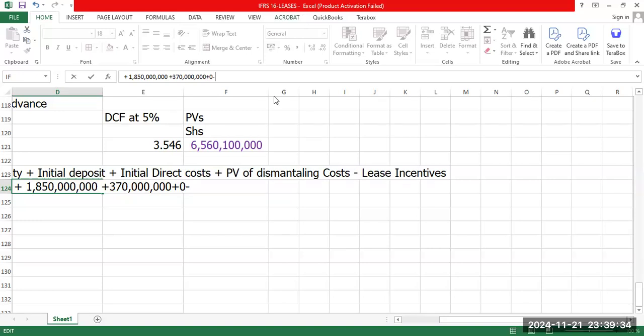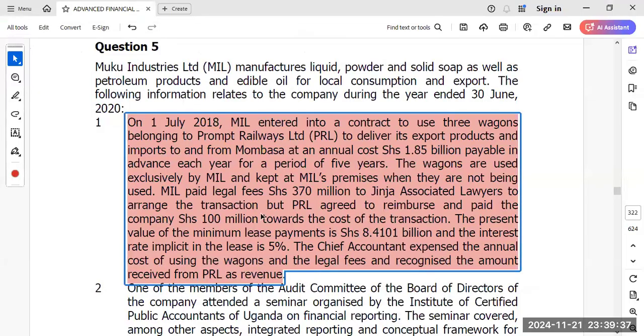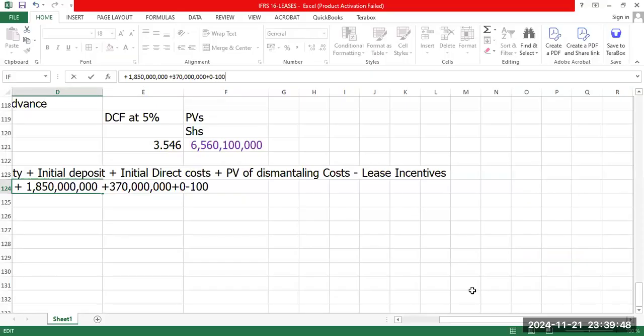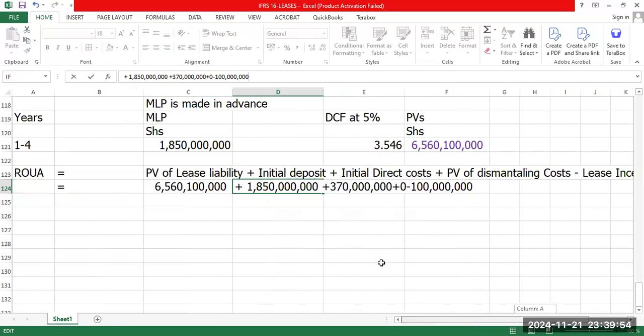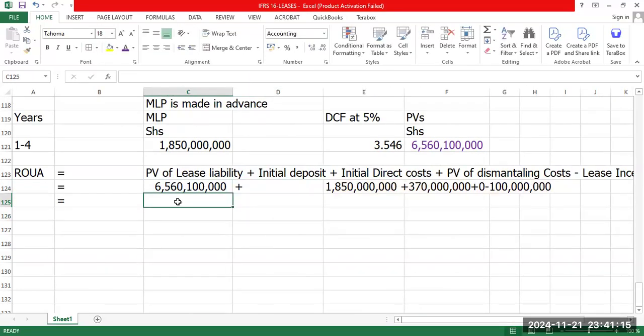In the question, lease incentives are how much? Reimbursed and paid 100 million. So incentive is 100 million. What do you get? Okay, that's what I have.